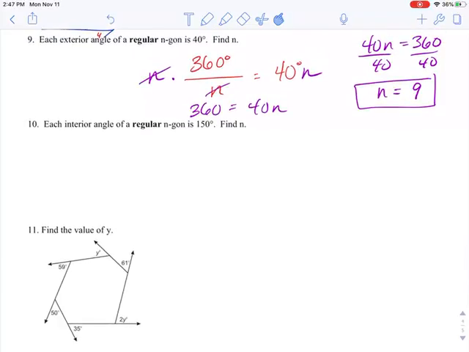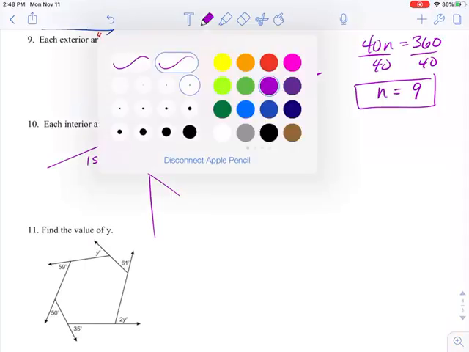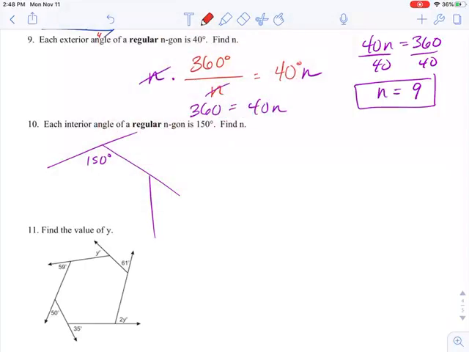Okay, here's another one. Each interior angle is 150. Find n. So this is where being able to draw pictures is helpful. We know that the interior angle is 150 degrees. One way we could solve this is to figure out what the exterior angle is.